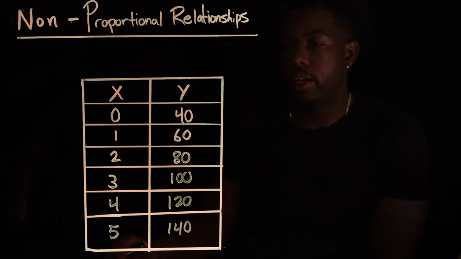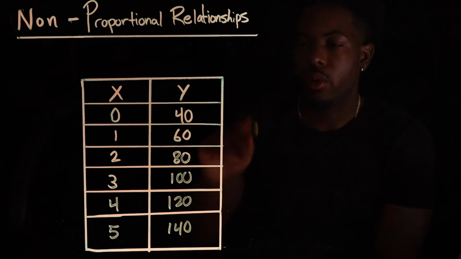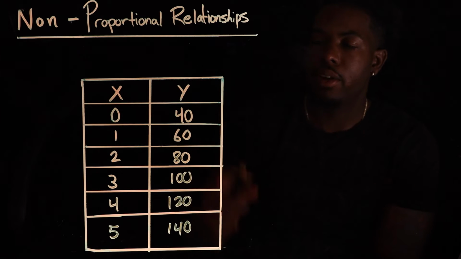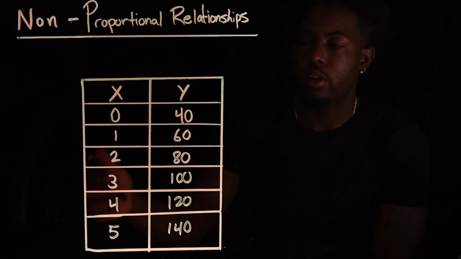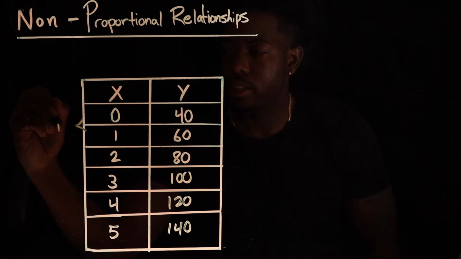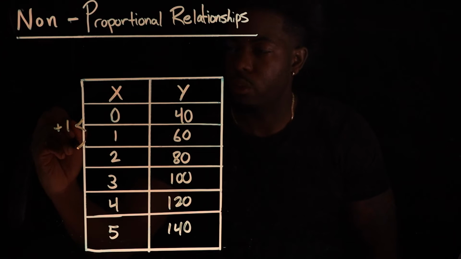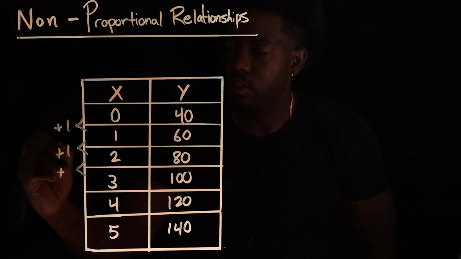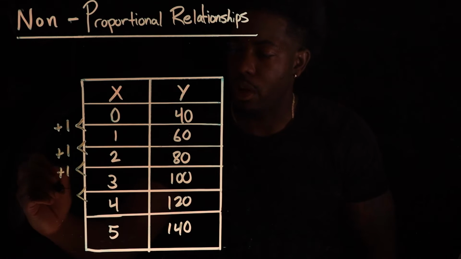So let's go ahead and look to see what is our change in our y values and our change in our x values. So what are we increasing by every time in the x values? It looks like every time we are increasing by 1. Each time down we are increasing by 1 hour.